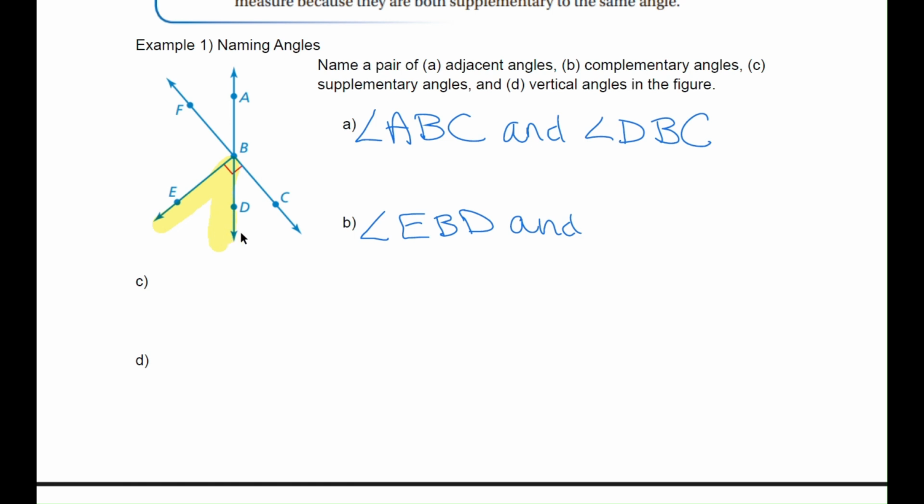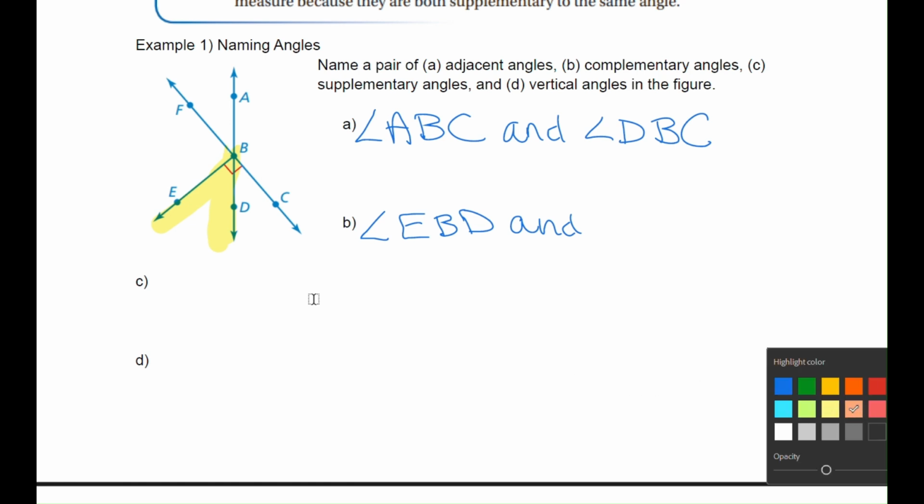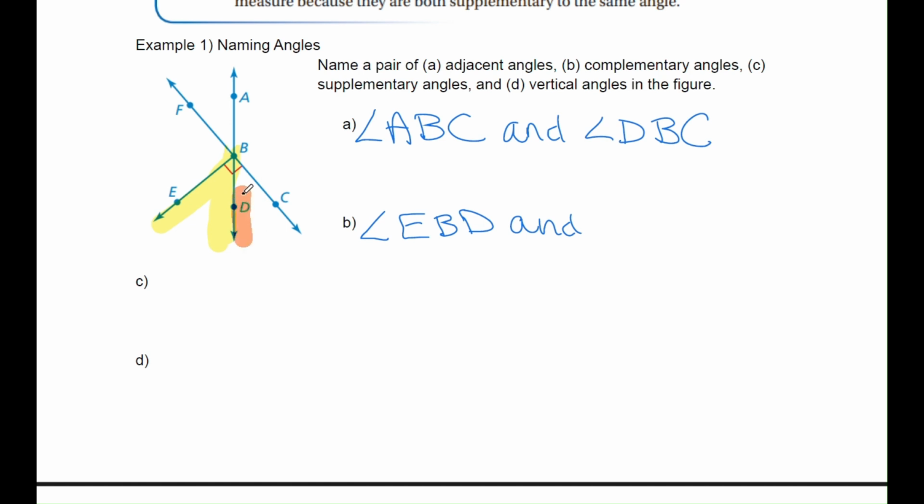I need to find the other angle that adds to make 90 degrees, or together they make a right angle. The other angle would have to be this angle here, DBC or CBD. So we're going to say angle DBC.